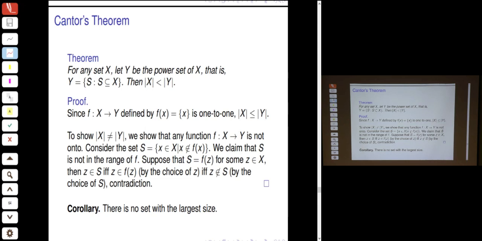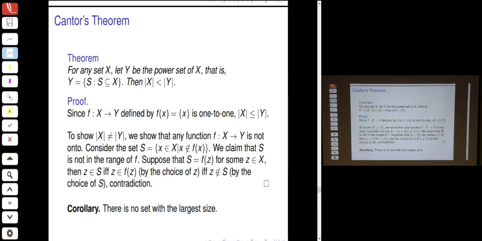Here comes the contradiction. So let's look at z itself. Is z in S or not? If z is in S, then by definition, any element in S will have this property: it is not in the f of itself.